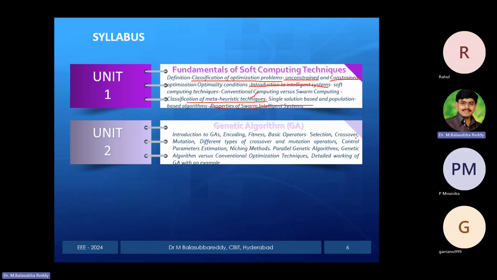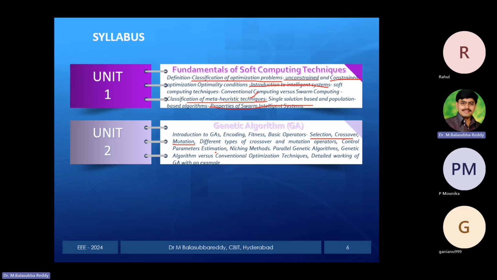These are the three operations we are going to do in the genetic algorithm. Selection, crossover, mutation. We need to do these three operations to get our optimal solution, or to minimize the function or to maximize the function.